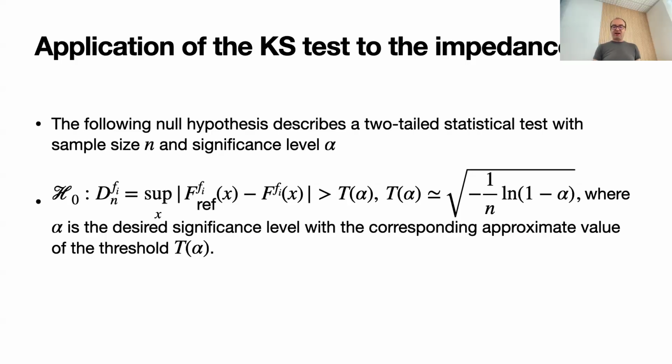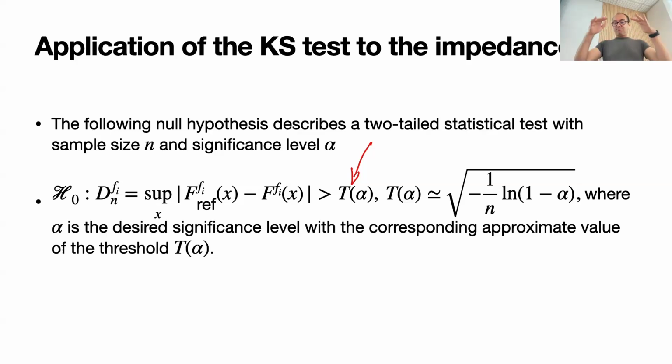So how do we apply it to impedance data? All we have to do is select the threshold that we are happy with, and just call something that is called the Kolmogorov-Smirnov test. You don't have to calculate anything.